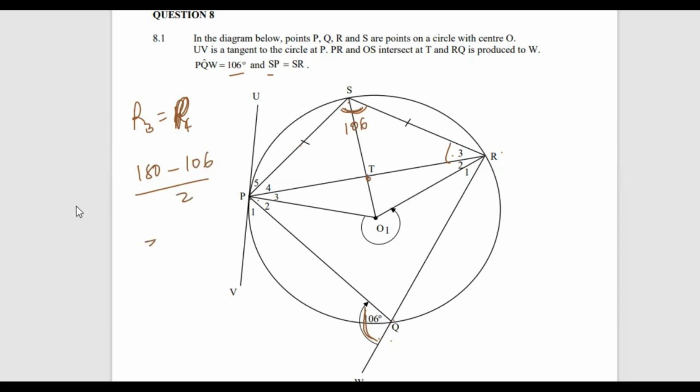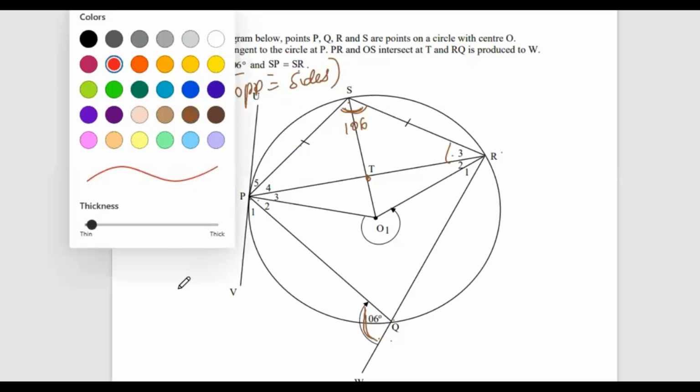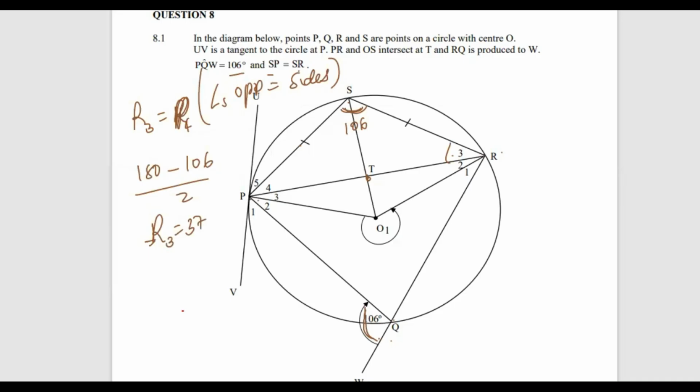So 180 minus 106 divided by 2, which is 37. So my R3 is 37. The reason for that will be angles opposite equal sides. Then we have this as 37, we have this as 37 as well.